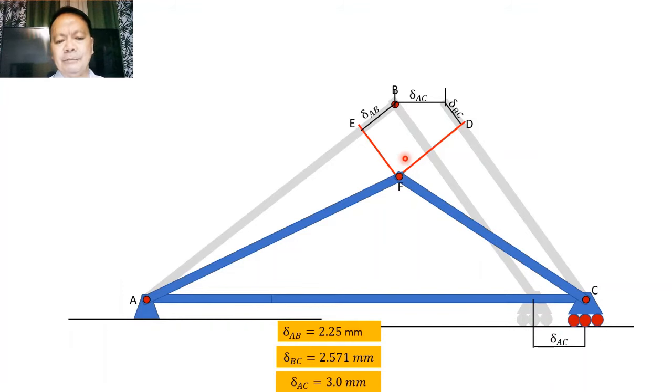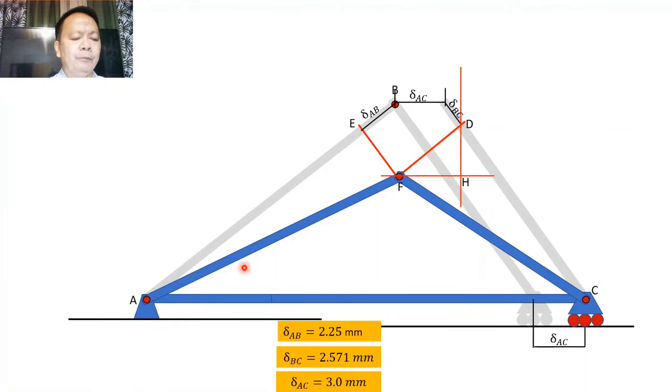This can be shown by passing a vertical line through D, and a horizontal line through F, forming a triangle. Imagining that the intersection of the horizontal and vertical lines is called H, we form a right triangle FDH here.